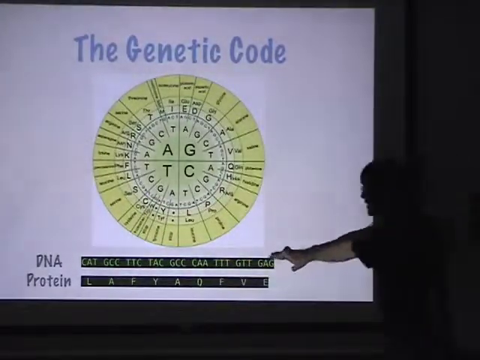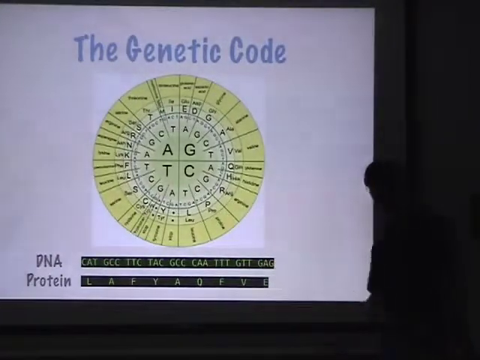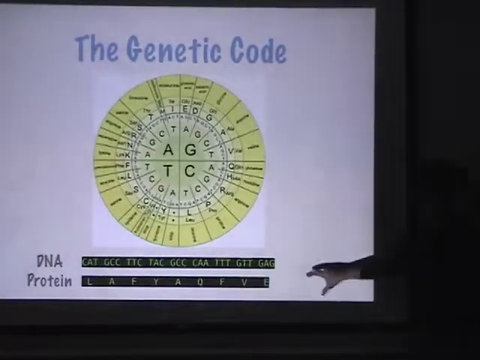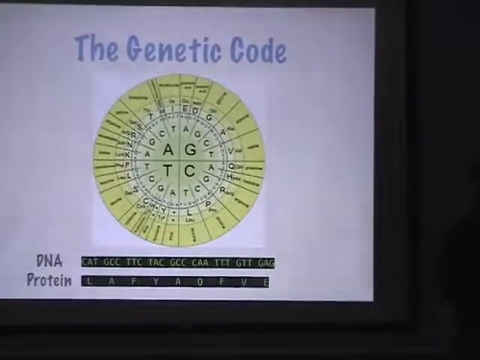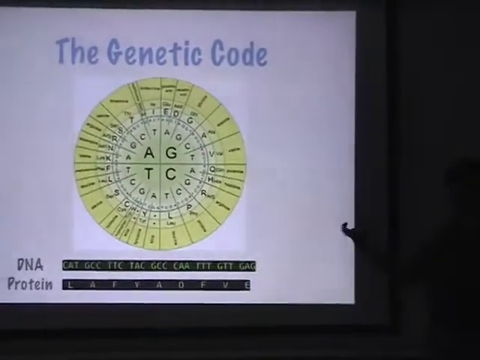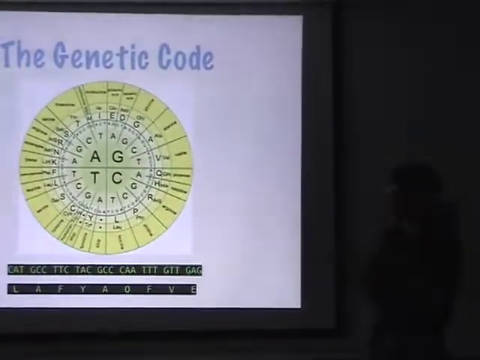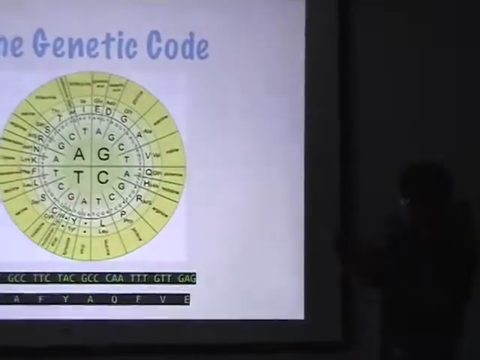So we can translate directly our DNA sequence into a protein sequence, and there's machinery in your cells that does exactly that. It reads the DNA, it looks at it in triplets, actually it goes through an RNA intermediate, but DNA gets turned into an RNA, and that RNA is read in triplets and then turned into a protein. Okay, so one of the most important languages of DNA is the genetic code.